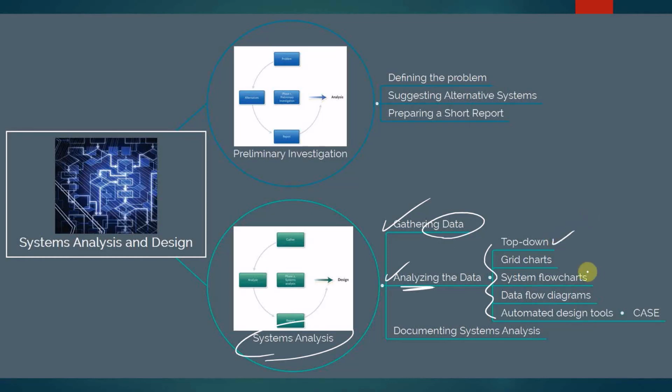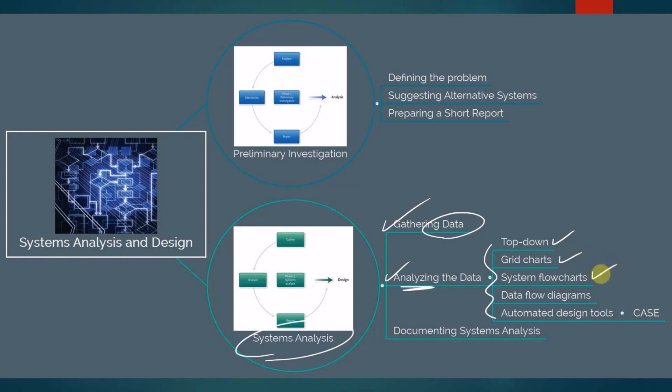The first is what's known as a top-down analysis method, where we look at top-level components and then break out each of those components into smaller and smaller components. We have grid charts that we can use that show the relationship between input and output documents.